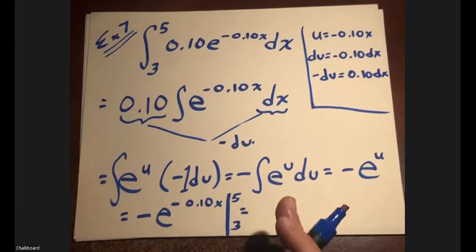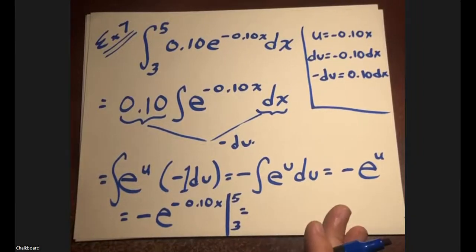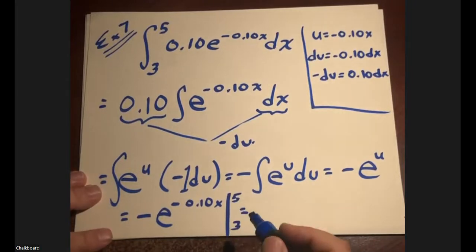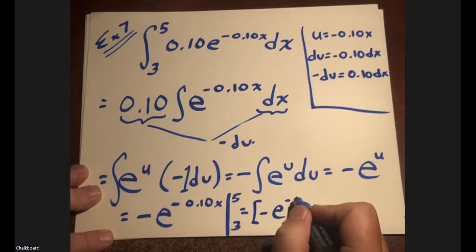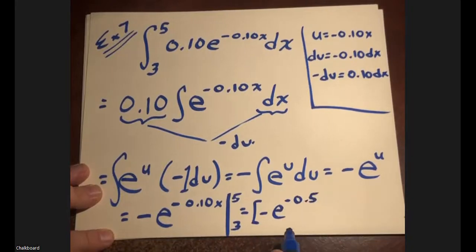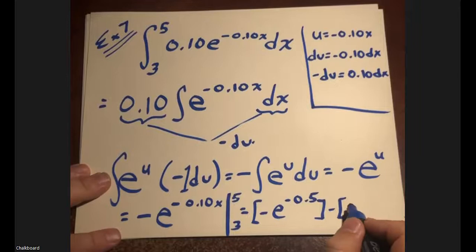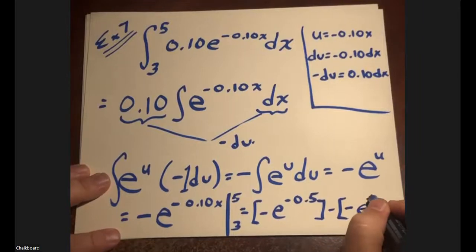So I'm going to use a lot of parentheses and brackets to really be very deliberate and careful with how the negatives work. First expression, I'm substituting 5, so it looks like this: negative e to the negative 0.5. The next expression, I'm substituting in 3. So it's negative e to the negative 0.3.